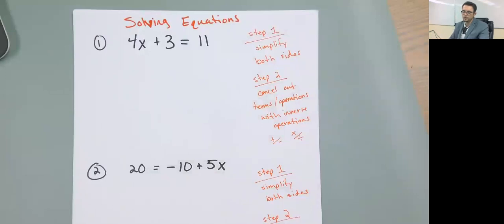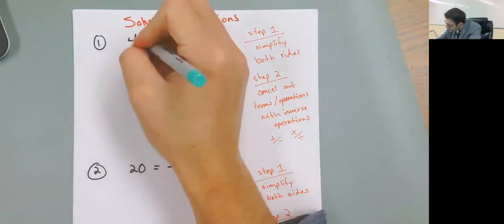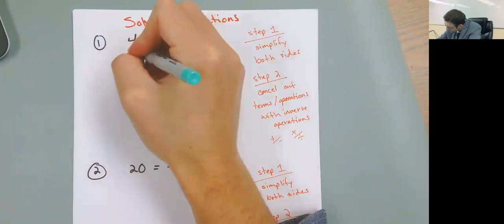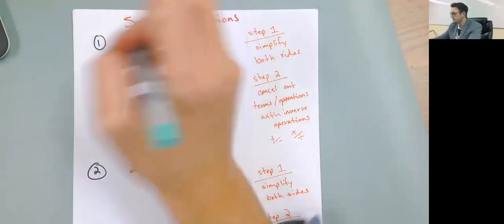The reason why we are doing that is because we want to get x by itself.